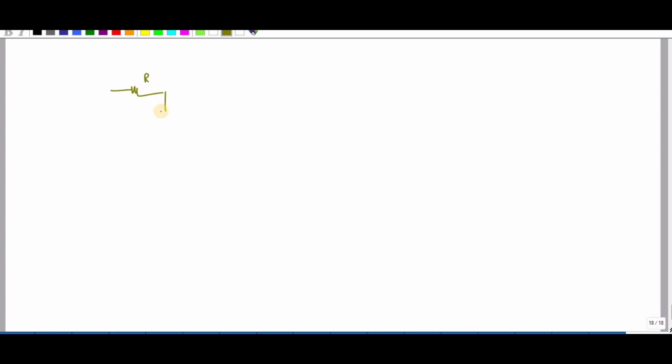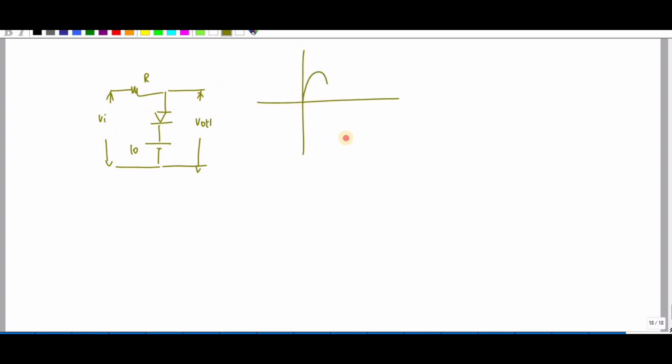So consider another circuit. Also looks the same, and the VR value is 10, and VI is nothing but 20. This is 20 and this one is minus 20.